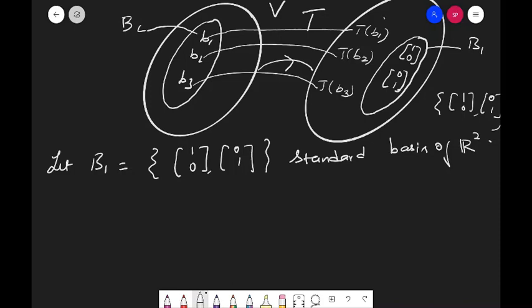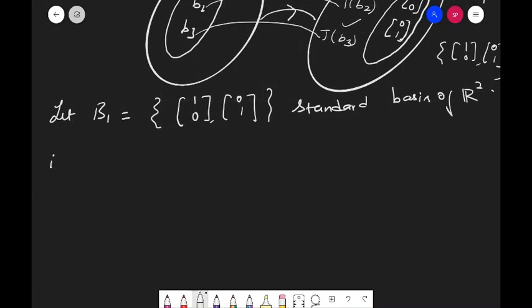This is the first step: to find T of b1, T of b2, T of b3.